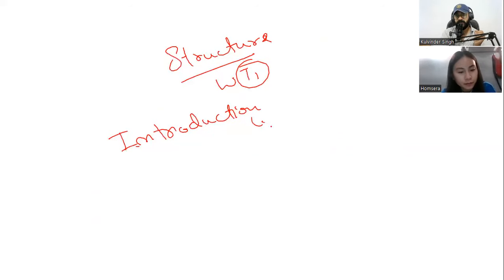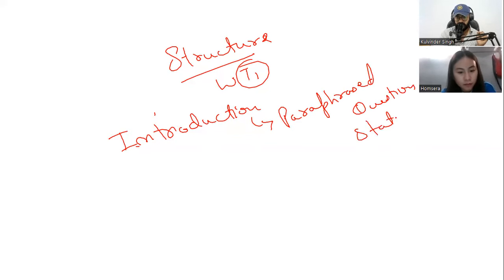Now, if you meet someone for the first time and the person asks, what's your name? And you say, my name is Homsara and so on. Likewise, we first introduce ourselves. So here as well, you'll be giving an introduction, which will be a paraphrased question statement. Clear? Do you have a notebook handy with you?